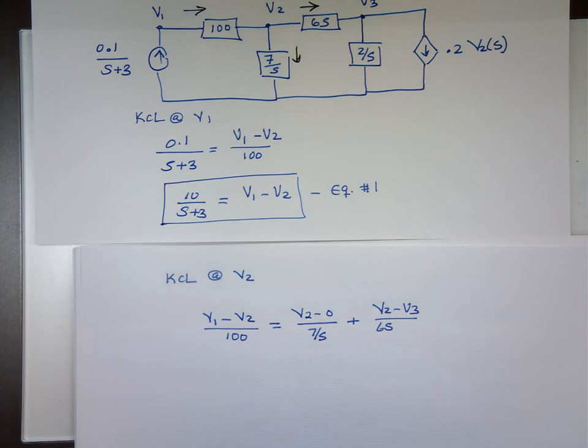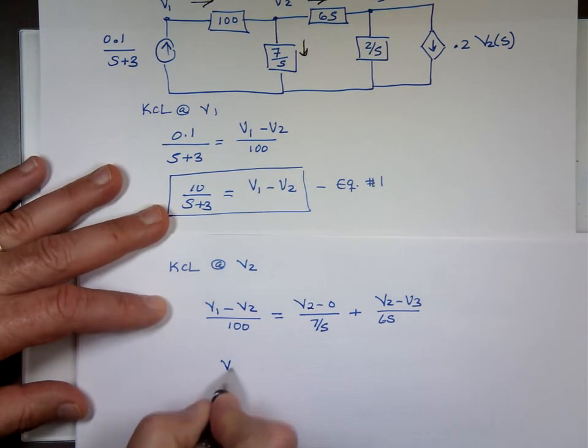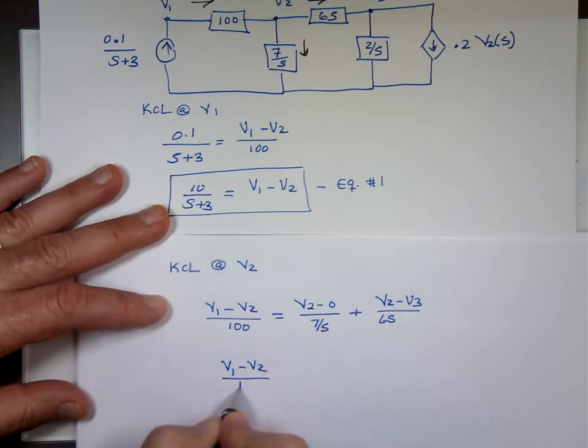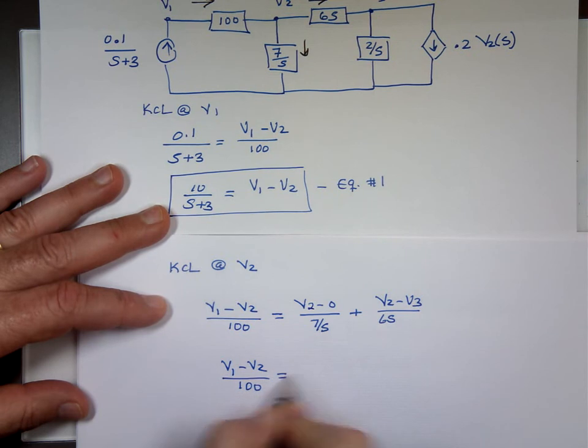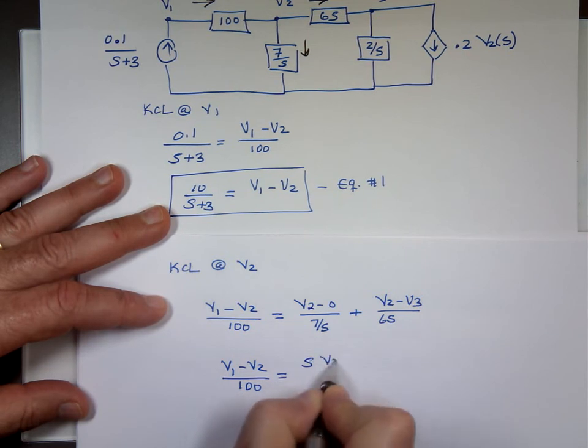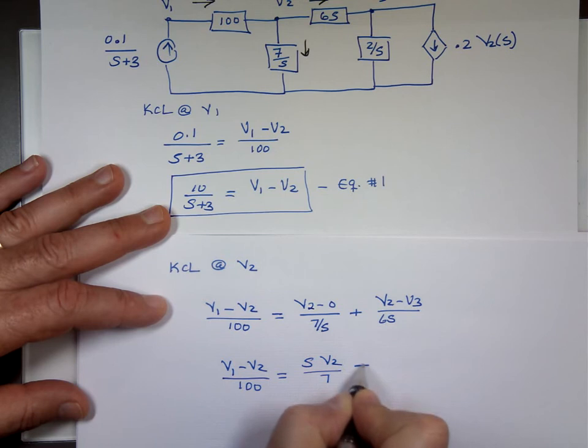Six and 7, 42. Okay, then we got, I can bring the S up there. S times V2 over 7 plus V2 minus V3 over 6S.